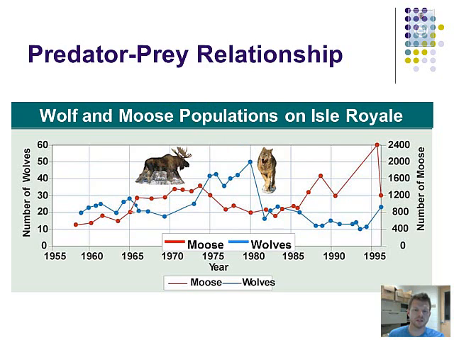You can see as our moose population increases, there's going to be an increase in our wolf population, and if our wolf population is too high, there's going to be a big drop-off in our moose population because all the wolves are eating the moose, and it just kind of plays back and forth like so. That's an important balance in nature that we can look at, our predator-prey relationships.